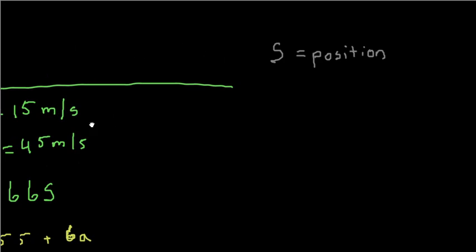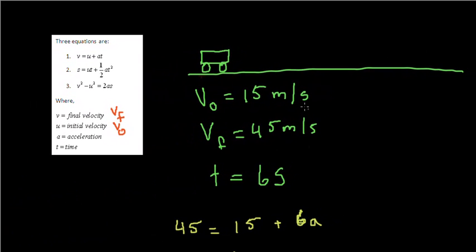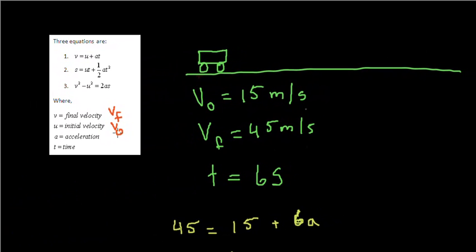And let's take a glance at it one more time just so we know what to do. Position is equal to the initial velocity times time plus this entire thing, half times the acceleration times time squared.